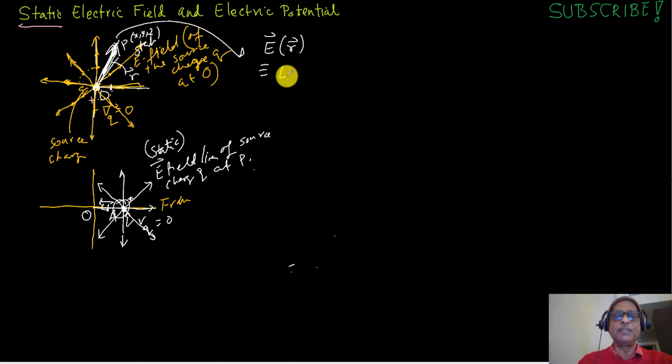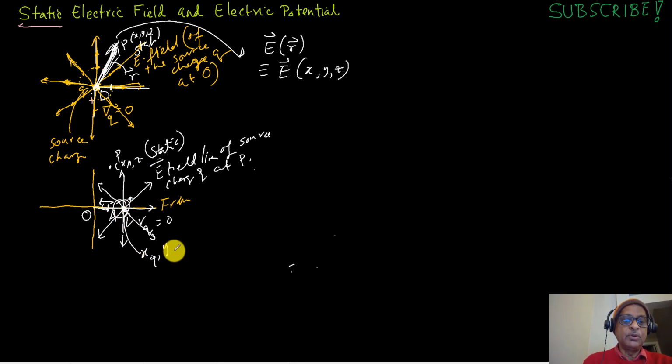So you can write this as an electric field at point x, y, z. Here the charge is located at the origin. Over here, at the same point P, it's still x, y, z, and the charge is at x_q, y_q, z_q. That's where it is located, here on the x-axis, but it could be anywhere.